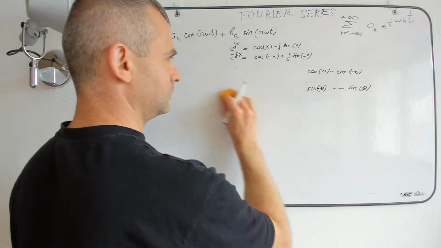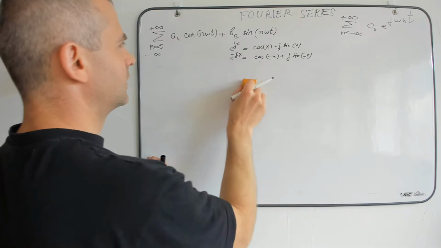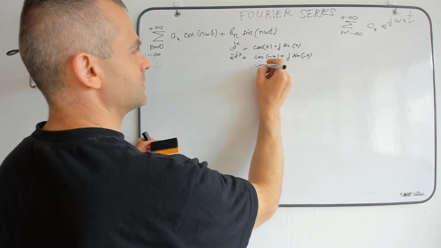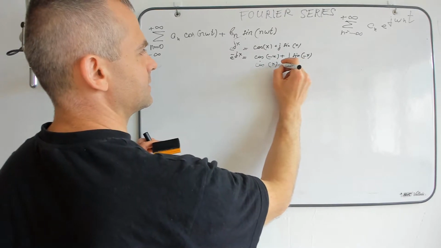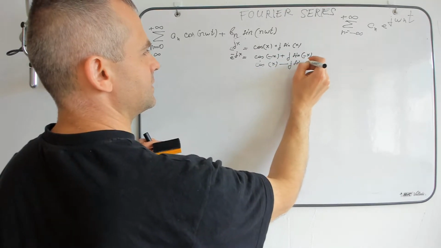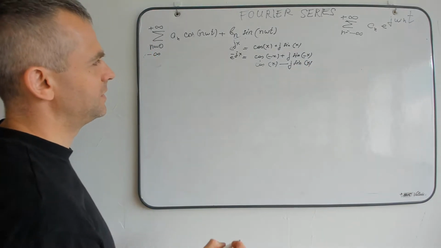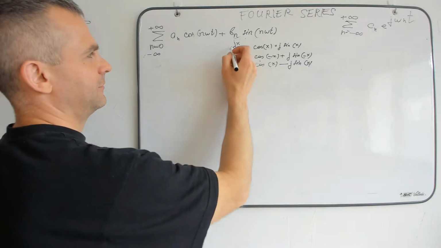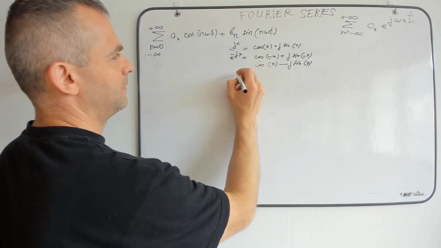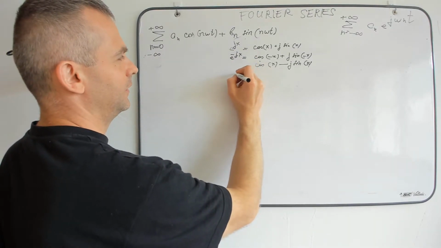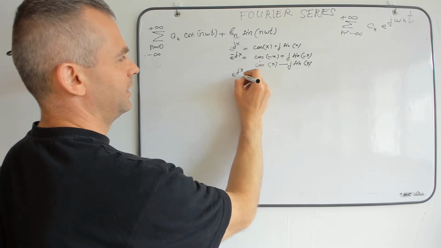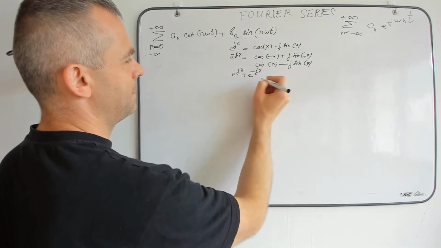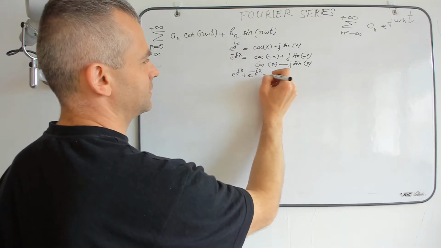So that means my relation here will change into cos of x minus j sine of x, which means if I perform the sum of these two relations, I will get exponential of jx plus exponential of minus jx.